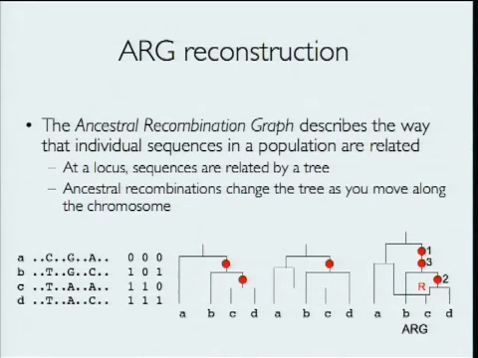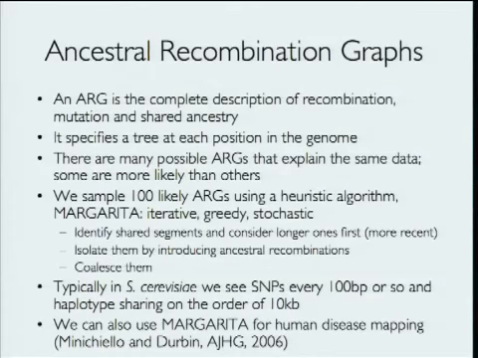And that graph's called the ancestral recombination graph, and it describes where all the DNA comes from in these samples. In general, an ancestral recombination graph is the complete description of the history of the set of sequences. It gives a tree at each position. And so it captures everything you would want to capture for doing genetics.